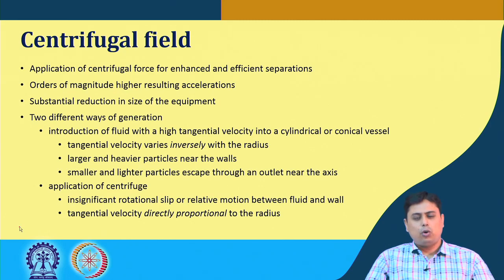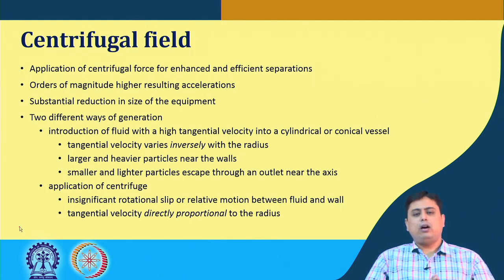When we see the flow pattern study, that is when the flow is injected tangentially into a conical or cylindrical vessel at a high rate, we will see why the larger or heavier particles are collected near the wall, and the finer particles escape through the cleaner gas exit.